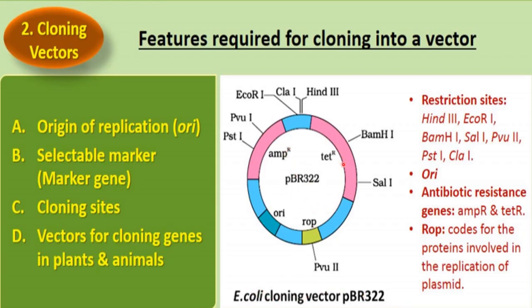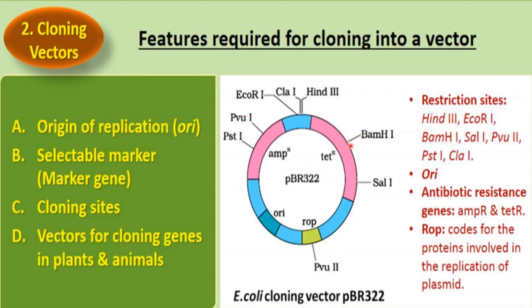You can see these different sites present here in pBR322, like EcoRI, ClaI, HindIII, BamHI, SalI, PvuI, PstI, and also PvuII. All these are sites for different restriction enzymes. This means these enzymes can cut this vector DNA at these sites.